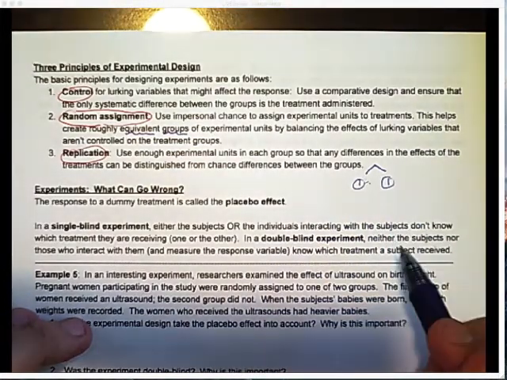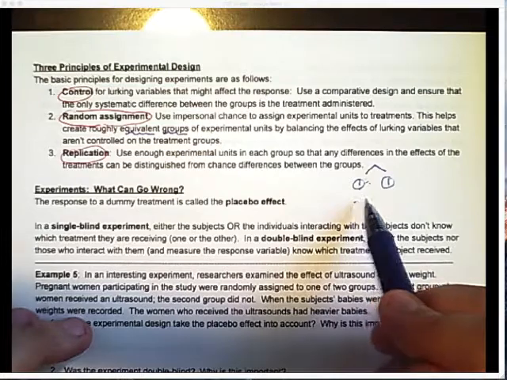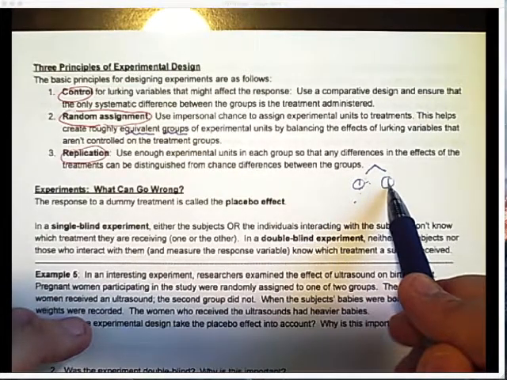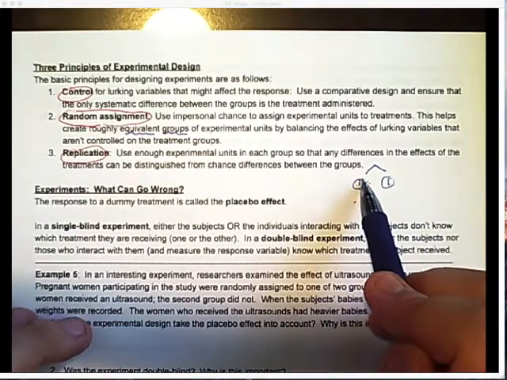Well, maybe this guy's cholesterol goes way down. That got the medicine, but this person who got the placebo didn't have any change in cholesterol. Well, maybe this guy started working out. Okay, maybe that reduced his cholesterol.